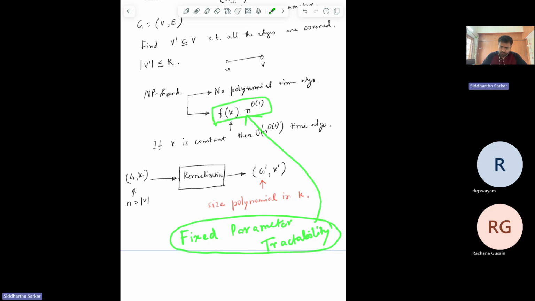One of the ways of obtaining a fixed parameter tractable algorithm is kernelization. And as we are going to see, there are algorithms which are fixed parameter tractable and do not use kernelization. Kernels do not exist, but still with some other techniques, this kind of running time is achievable.